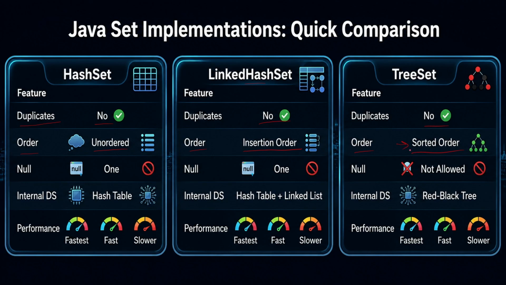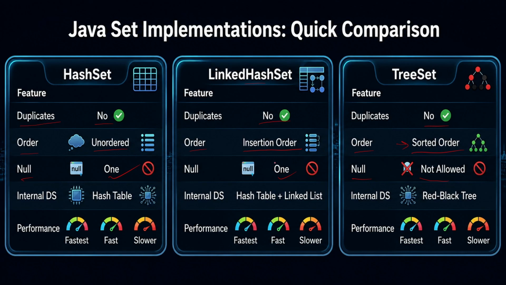And if we want any custom ordering such as descending, then we need to pass a comparator in the constructor. So these are the differences for ordering. Now null values. We have seen that only one null value is allowed in HashSet, one null value is allowed in LinkedHashSet, but for TreeSet, no null values, zero null values.